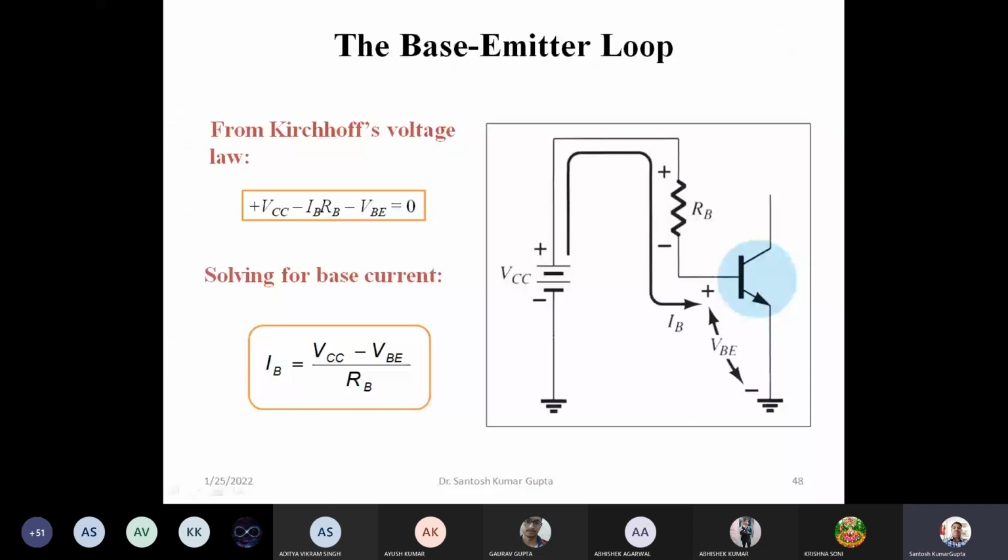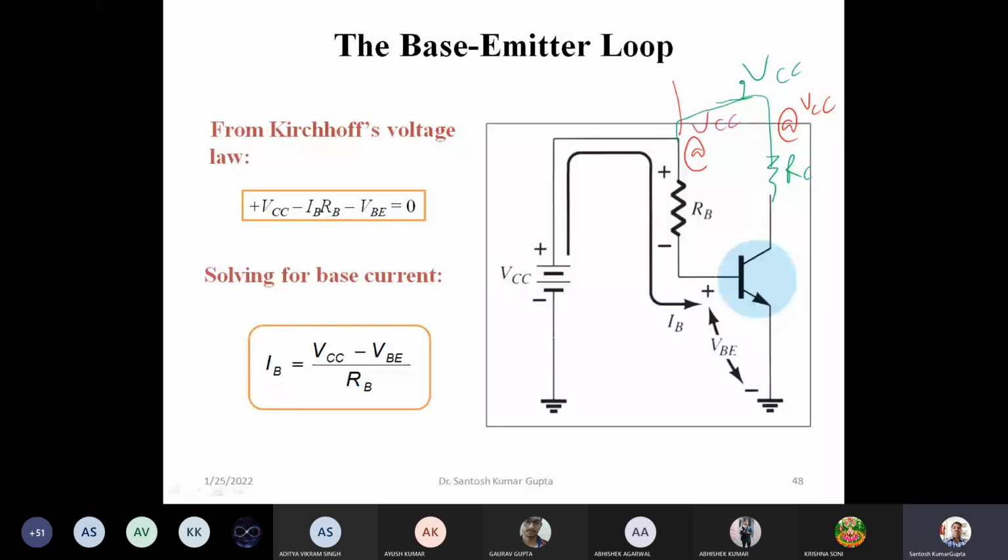Now let us revisit what we have done in the last lecture. We can apply the KVL in the input loop. We were having VCC connected to RC and RB like this. So it is equivalent to saying that a VCC is connected at RB, and a VCC is also connected at RC.